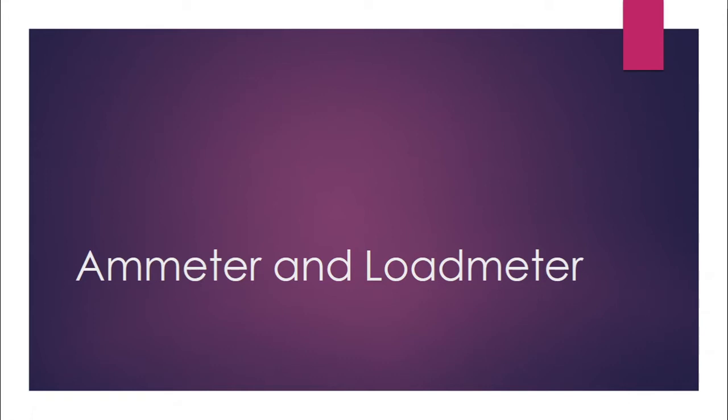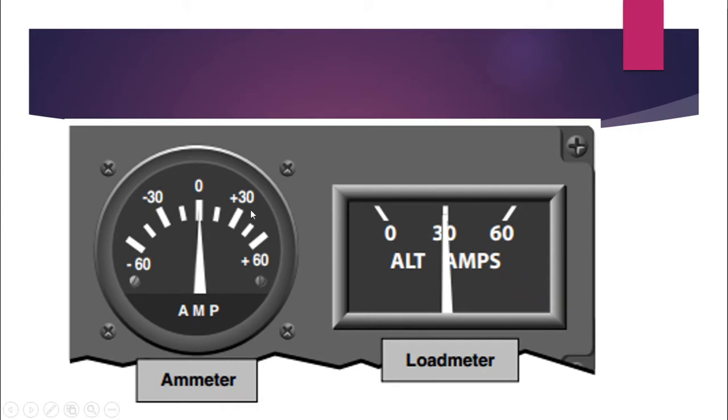Now we've got the ammeter and the load meter. The ammeter is a gauge that tells if the electrical system is basically charging or discharging or in a neutral place. So this will help a pilot decide if her plane has enough electrical power.